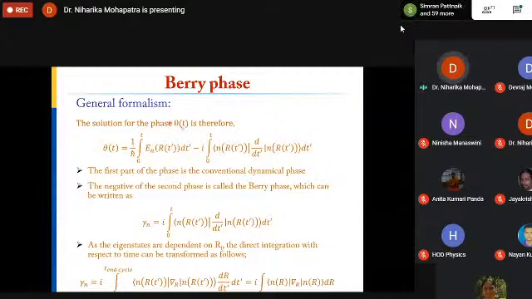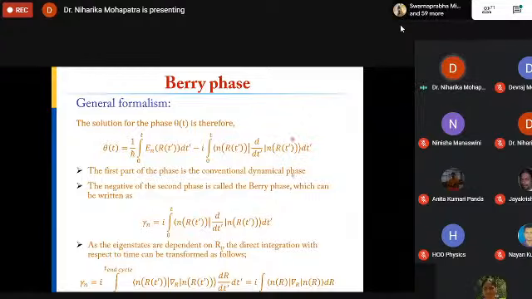So from here you get two terms. The first term is your simple time evolution that you obtain in your normal time dependent problem when you solve the time dependent Hamiltonian. And the second term actually represents the Berry phase term. So this Berry phase is the additional phase that you obtain when you look at the evolution of a particular state.